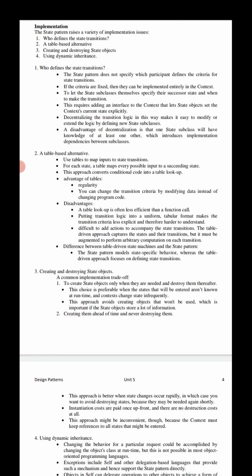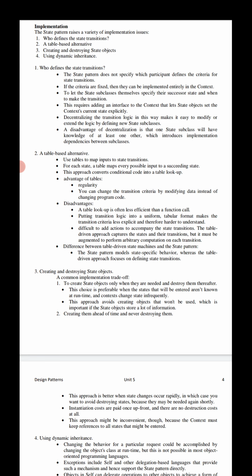For each state, a table maps every possible input to a succeeding state. In effect, this approach converts conditional code, or virtual functions in the case of the state design pattern, into a table lookup.